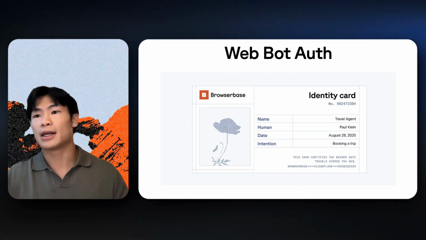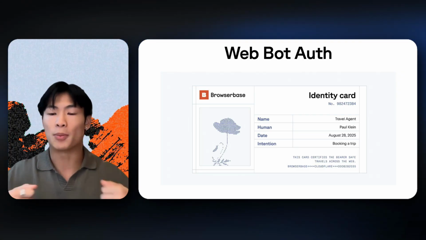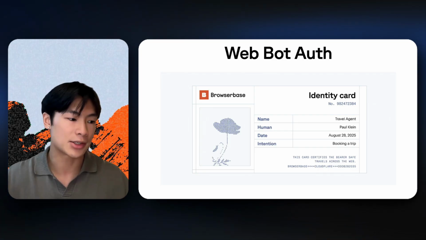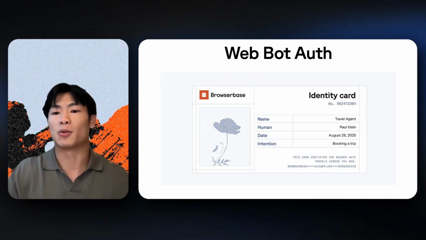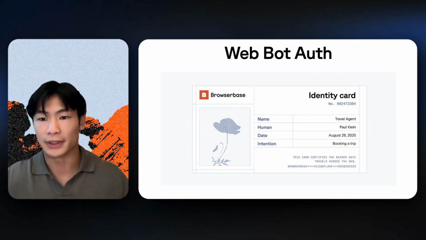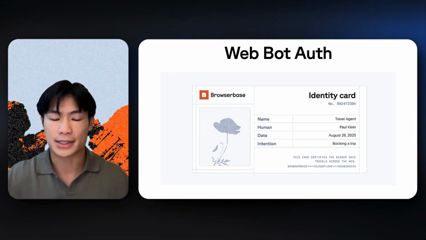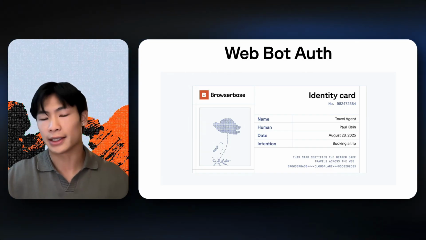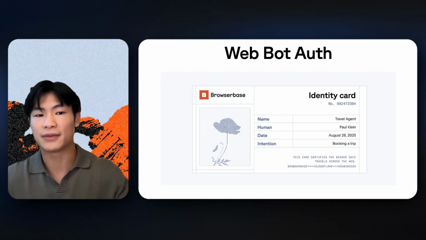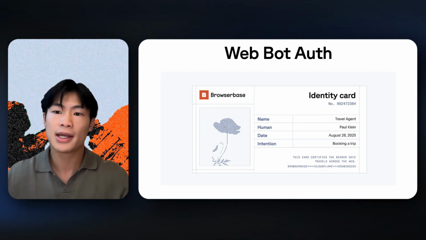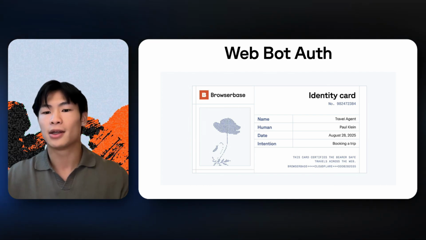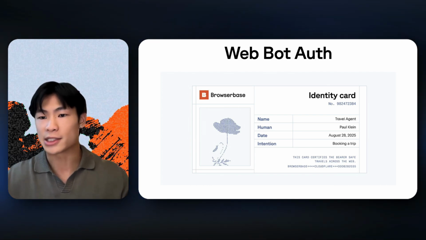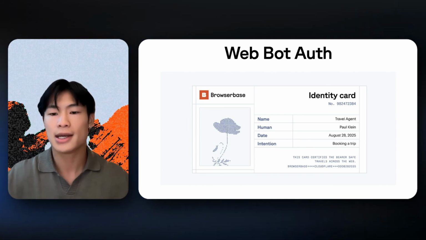And so WebBot Auth is basically the open source protocol that allows us to sign our browsers such that a WebBot Auth provider like Cloudflare can go ahead and say, okay, given their public keys, this browser is signed by Browserbase, and we trust Browserbase so that the customer that's using us isn't doing anything bad.